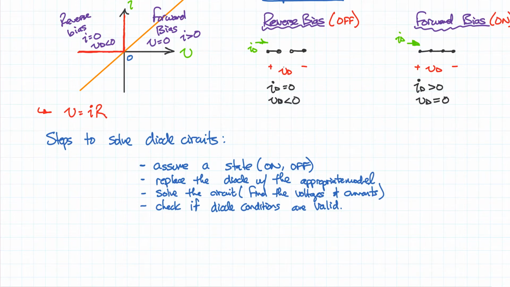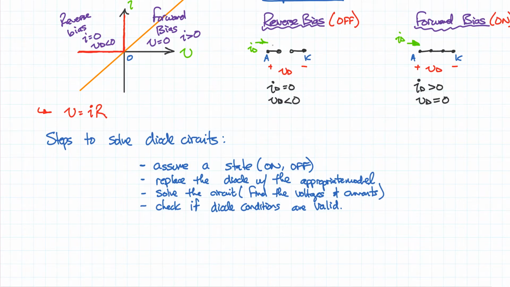If I assumed off, then I have to check if the voltage is less than 0, because these are the 2 conditions, right? So by saying that the diode is on, I've assumed that it's a short circuit. If I've assumed it's a short circuit, then I know that the current must flow from, let's say the anode to the cathode like this. I've assumed that this is on, therefore I know that the diode current must flow this way. If it doesn't flow this way, then I know I did something wrong.